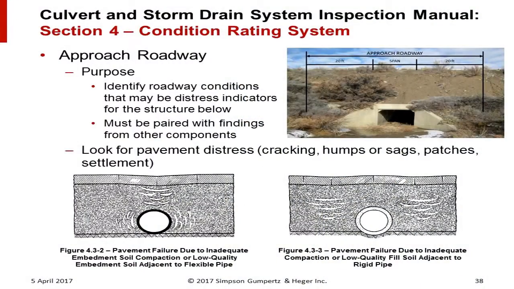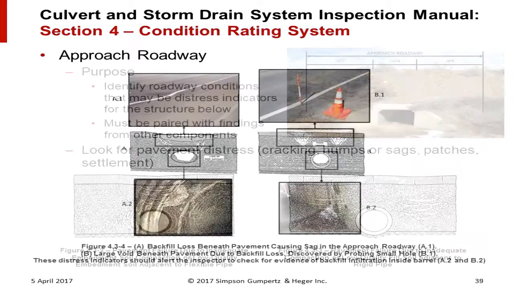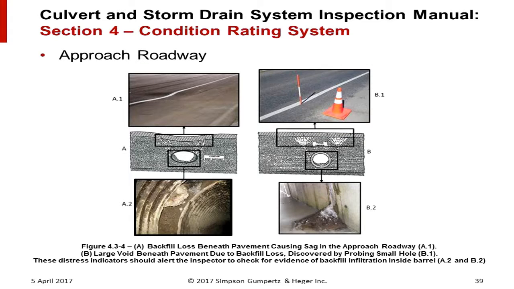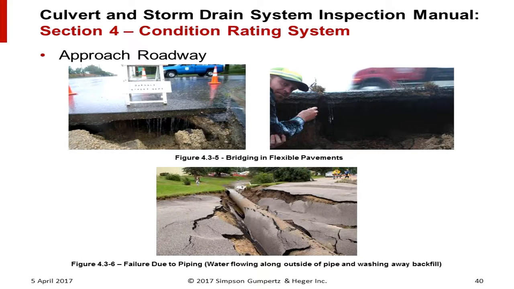So we ask the inspector to examine the approach roadway primarily because this can foretell problems with the culvert underneath. So we look at, for example, cracking in the roadway. And cracking in the roadway, development of potholes, can be an indication of problems with the culvert underneath. And it can be over deflection, or most of the time it's stuff like open joints. So how does this work? What should the inspector look for? We've included graphics and details on what that should look like.